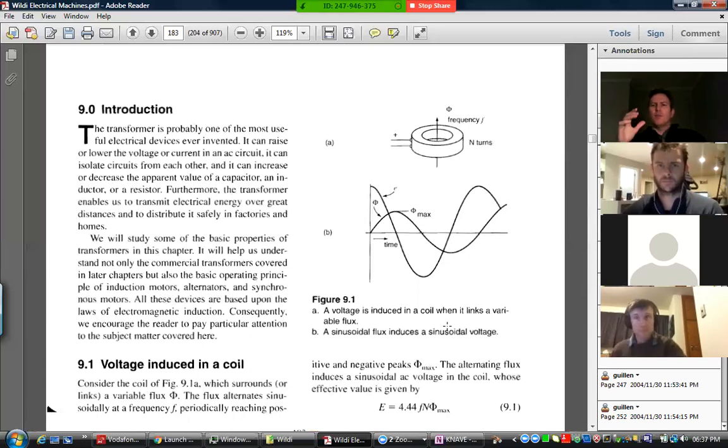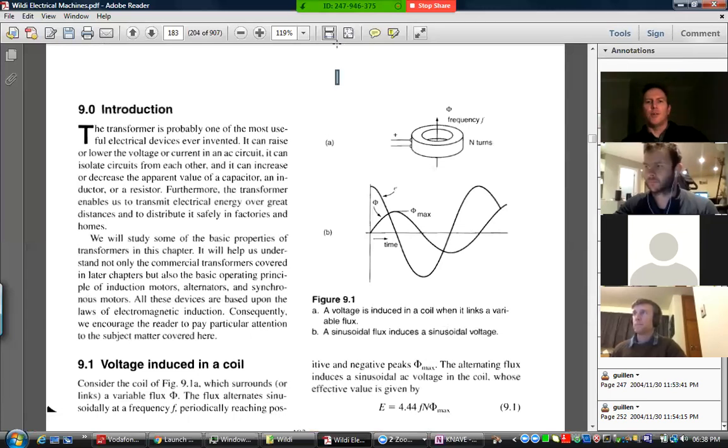So when flux is changing, collapsing or building, magnetic flux in a circuit, then any conductors which are perpendicular to that field or linked to that field, like a coil, start to have a voltage induced in them. So a collapsing or building flux, d flux by dt.